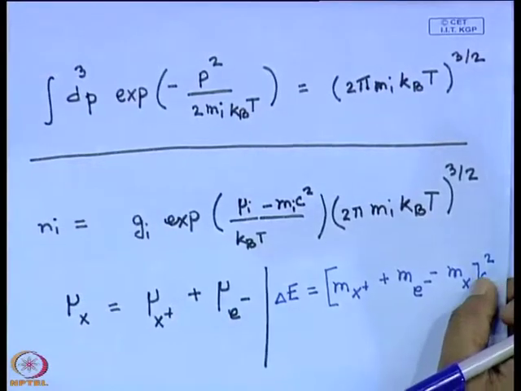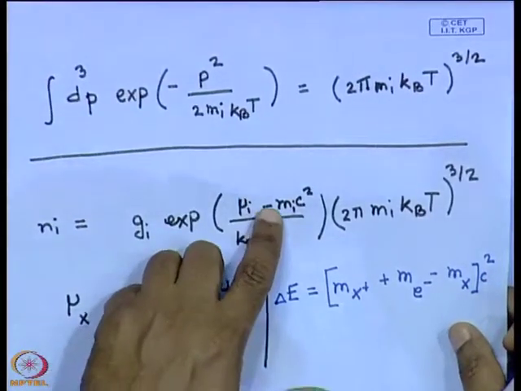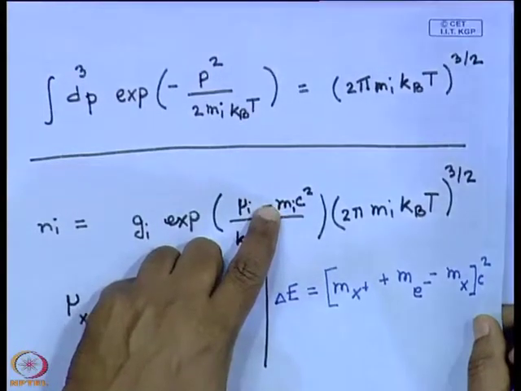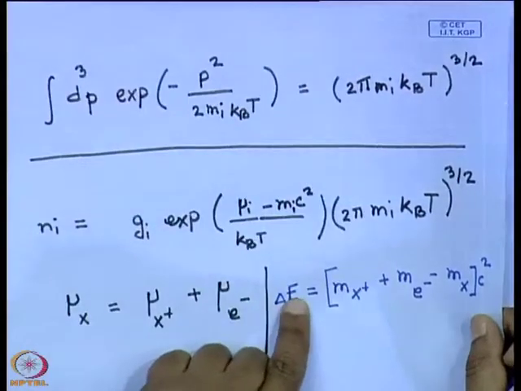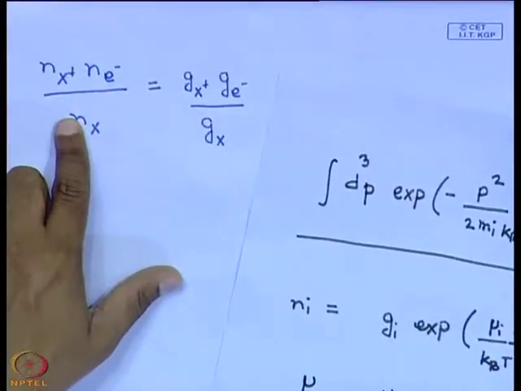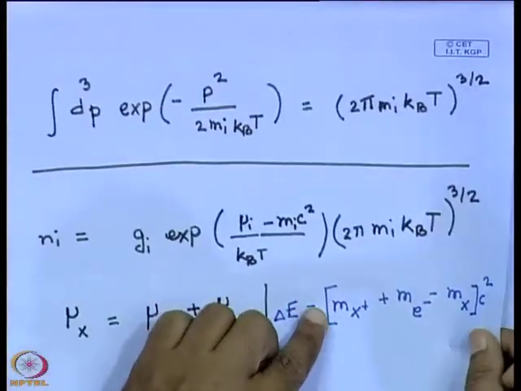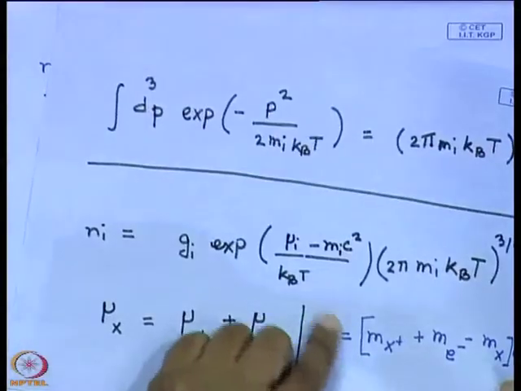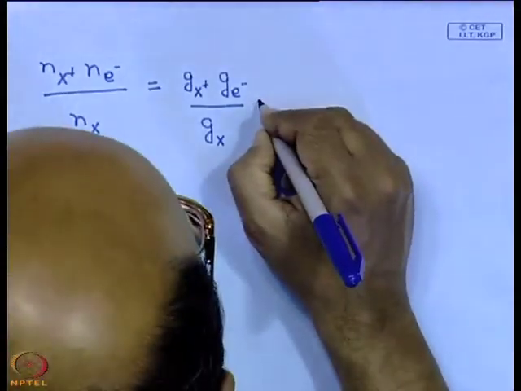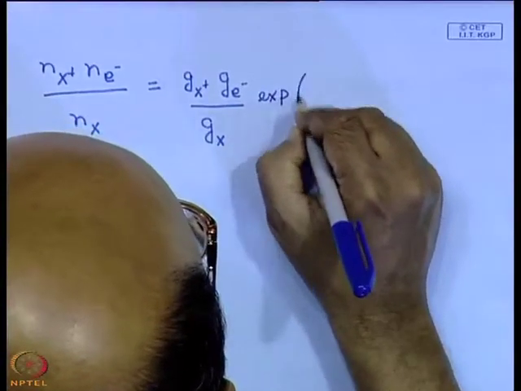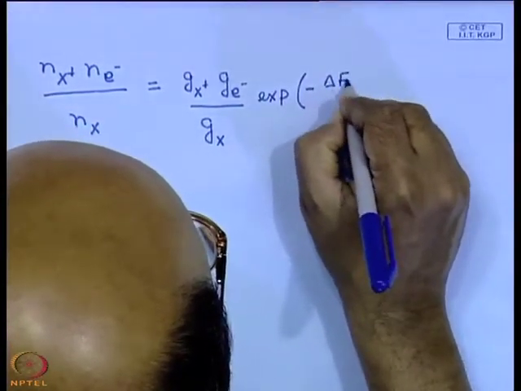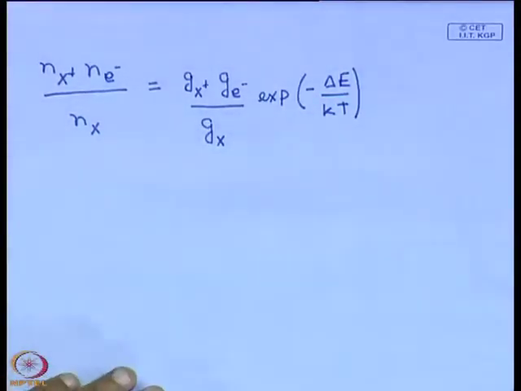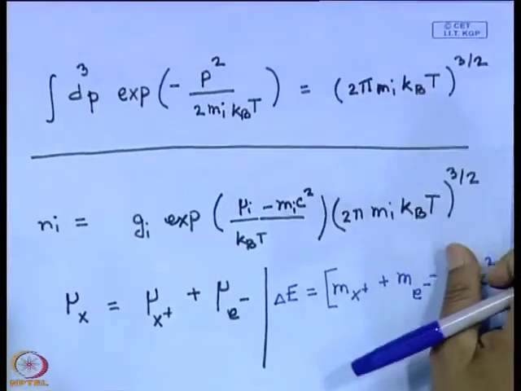Okay. Now, we have another term which is the mass term, the rest mass term. So, when I consider this ratio, I will have another term which is exponential minus this, that is the ionization potential energy, ionization potential.